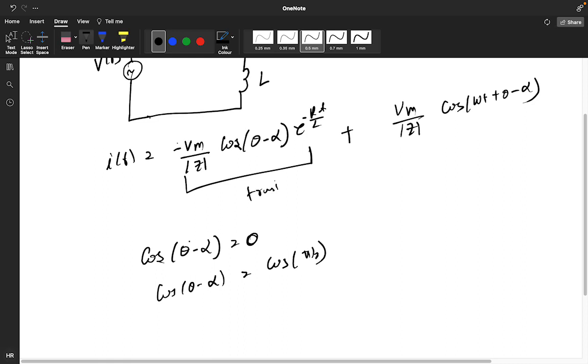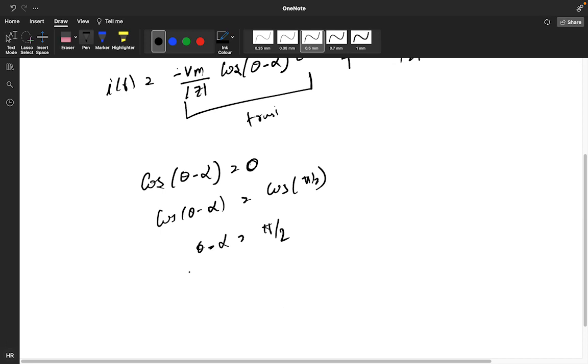We are taking it with respect to radian, so that's why I have taken pi by 2. So theta minus alpha equals pi by 2, and your theta value should be equal to pi by 2 plus alpha.